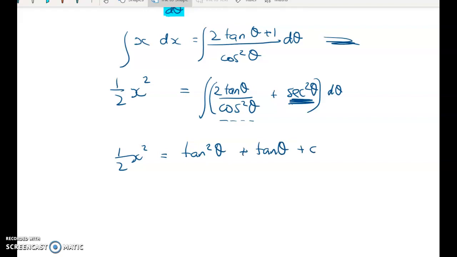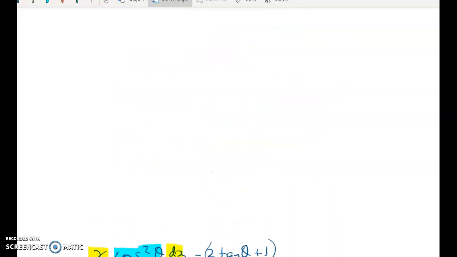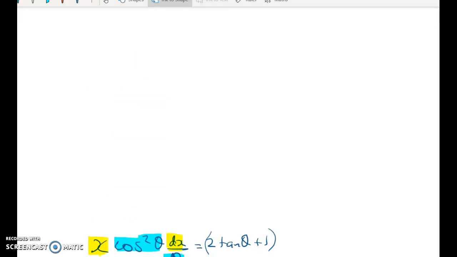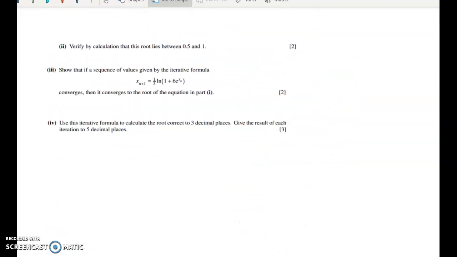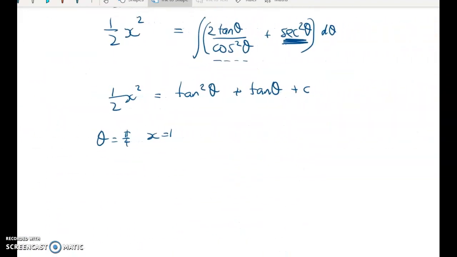The next thing I know from the question is that when theta is equal to pi on 4, we're told that x is equal to 1. So let's just go back up to the question and have a look at that, right? So we're not given the value of tan theta. We're given x is 1 when theta is pi on 4. But that means that I can substitute into here because tan of pi on 4 we know is equal to 1.